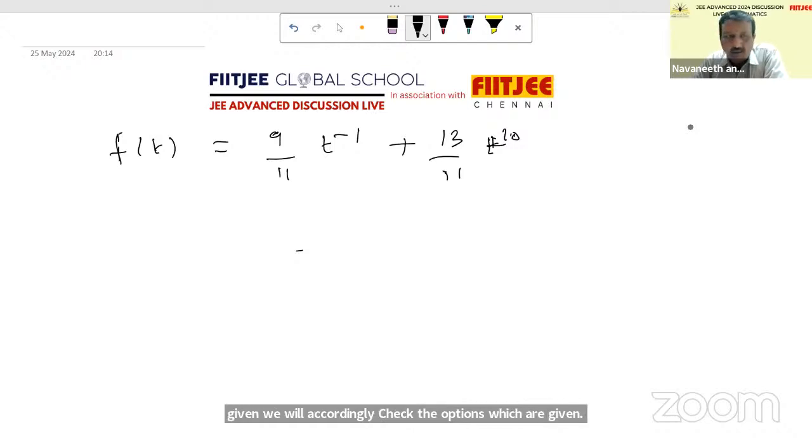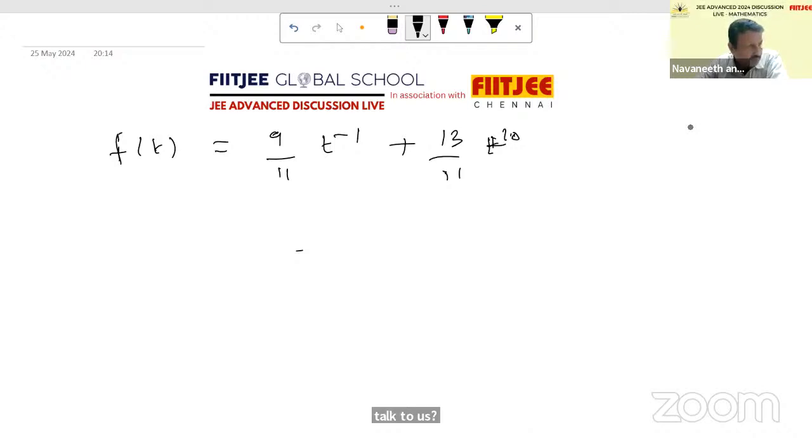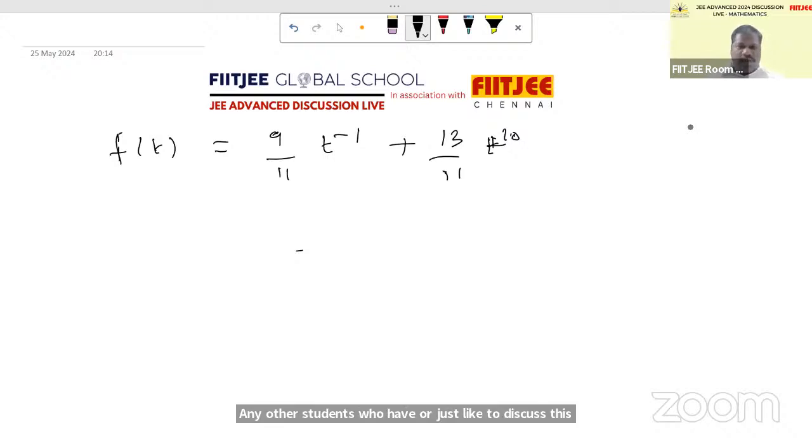Any doubt? Chetan, can you unmute and talk to us? Any other students who would like to discuss this question with sir can also raise a hand. We can allow the student to talk.